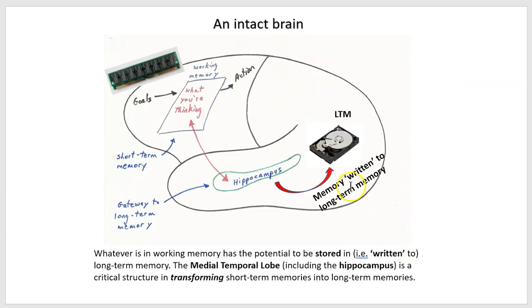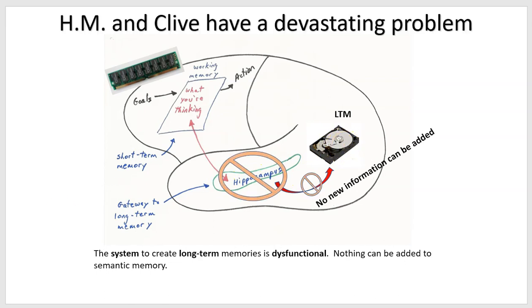Now let's go back to the brain. Again, we'll put our icon here. The hard drive is going to be the long-term memory system. What we're going to learn here is that the hippocampus and the temporal cortex down there are critically important for writing new information to the hard drive. In both Clive and HM, both with hippocampal damage for different reasons, they have lost the ability to make new episodic memories.